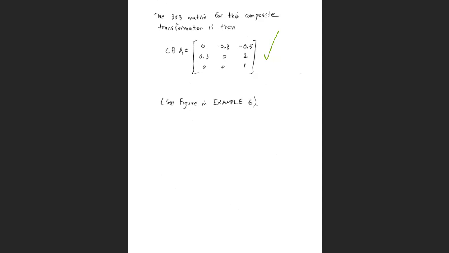I'll show you this in example 6 actually. See the figure in example 6. So I'm going to show you that figure, and then we'll take our break in a few moments.